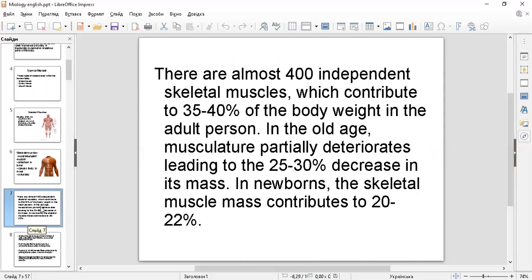There are almost 400 independent skeletal muscles, which contribute to 35–40% of the body weight in the adult person. In old age, musculature partially deteriorates, leading to a 25–30% decrease in its mass. In newborns, the skeletal muscle mass contributes 20–22%.